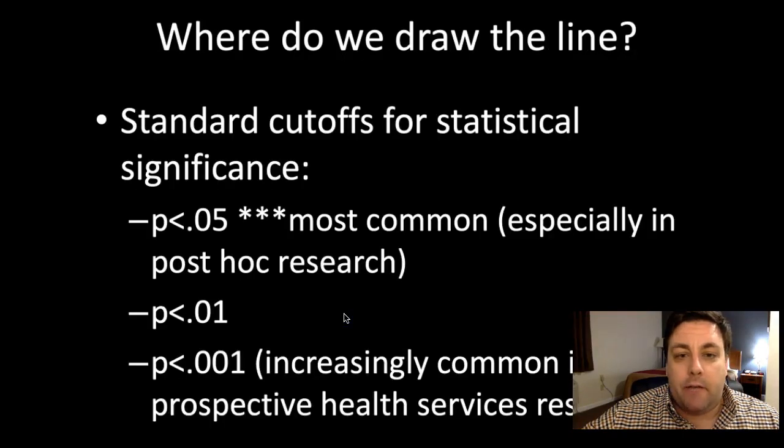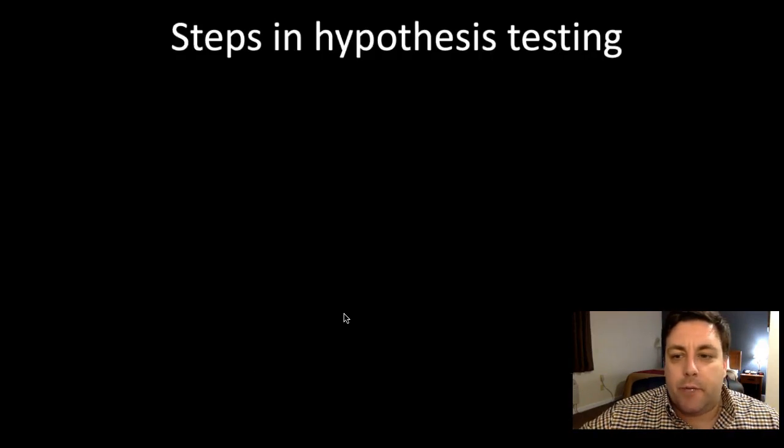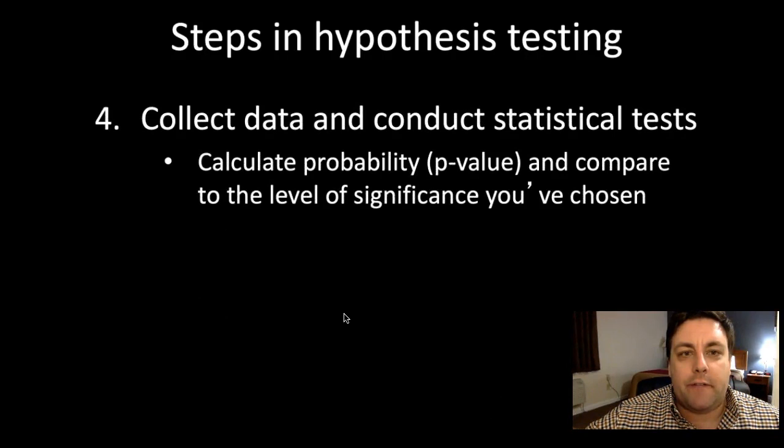One other thing: when we do post hoc research, which is analyzing data after the fact, that significance level is often set at 0.05, which is pretty common. And like I said, that's what you need to worry about for this class.